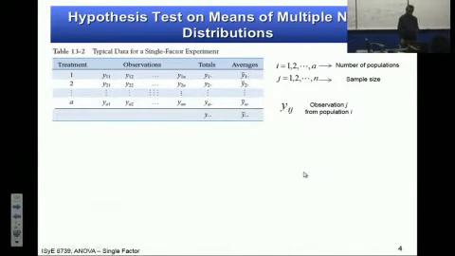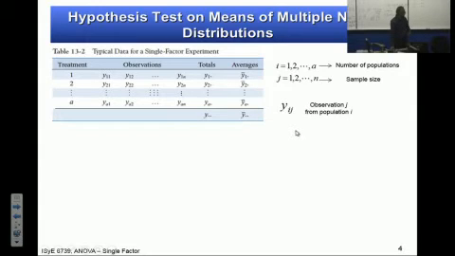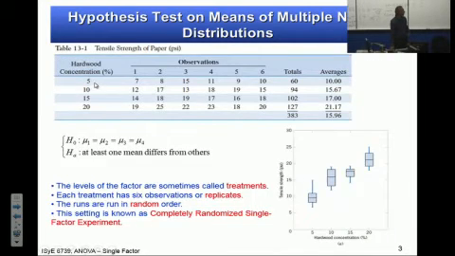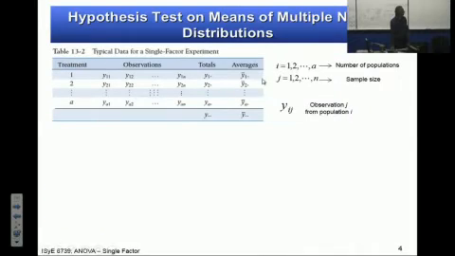Okay, so again, another set of notations. The number of populations or number of levels that we have. Here we have how many levels? 4. We use a to denote that, and i is the level that we are interested in, so i is from 1 to a. j is the index for the sample size or replicates, in this case 1 to n.